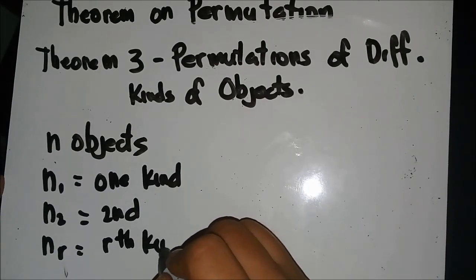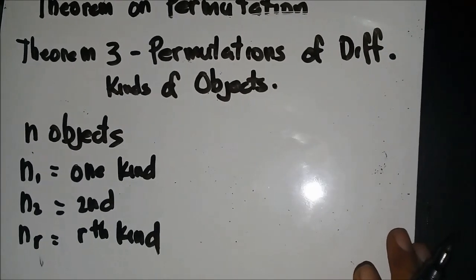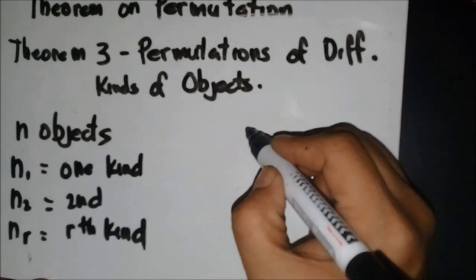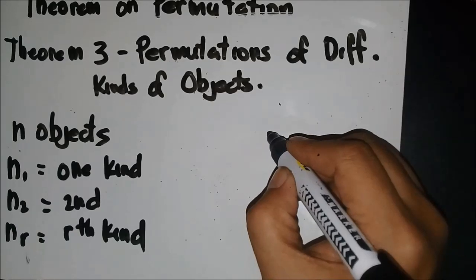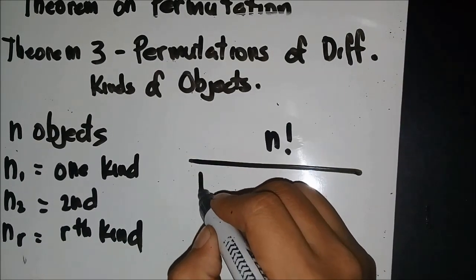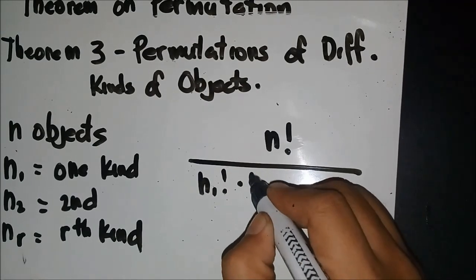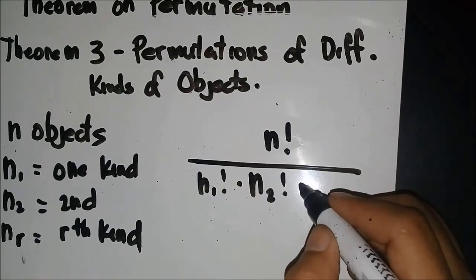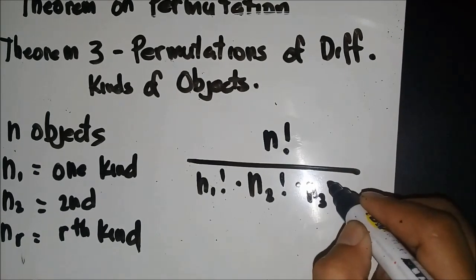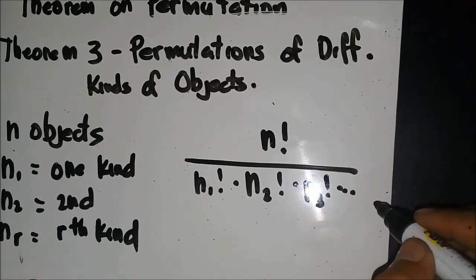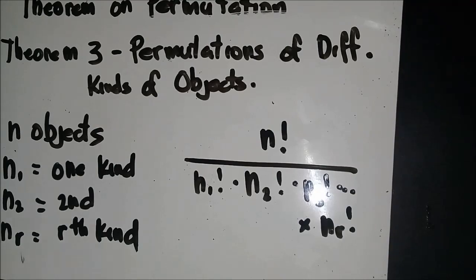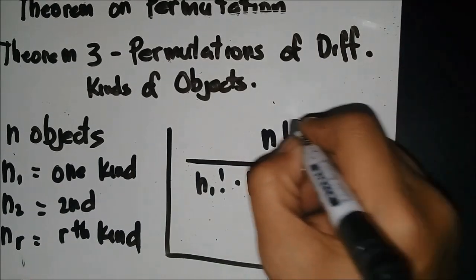So what will be the formula for dealing with this one? The permutation is given by n factorial over n sub 1 factorial multiplied by n sub 2 factorial multiplied by n sub 3 factorial and so forth until it reaches n sub r factorial. So this is the formula.